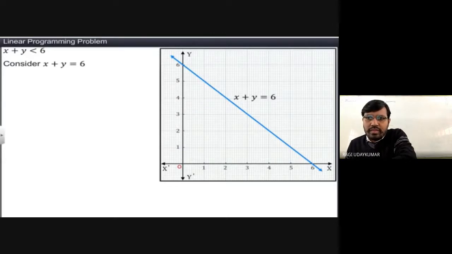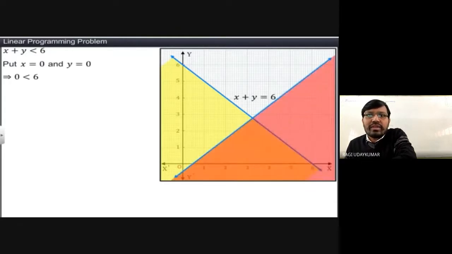By taking any two points: consider an x value, find the y value. Put x equal to 0, y equal to 0. Then the origin is substituted in the given inequality. Less than 6 is true. So the origin is present in that direction. Wherever the origin is, you have to shade that side in yellow color.